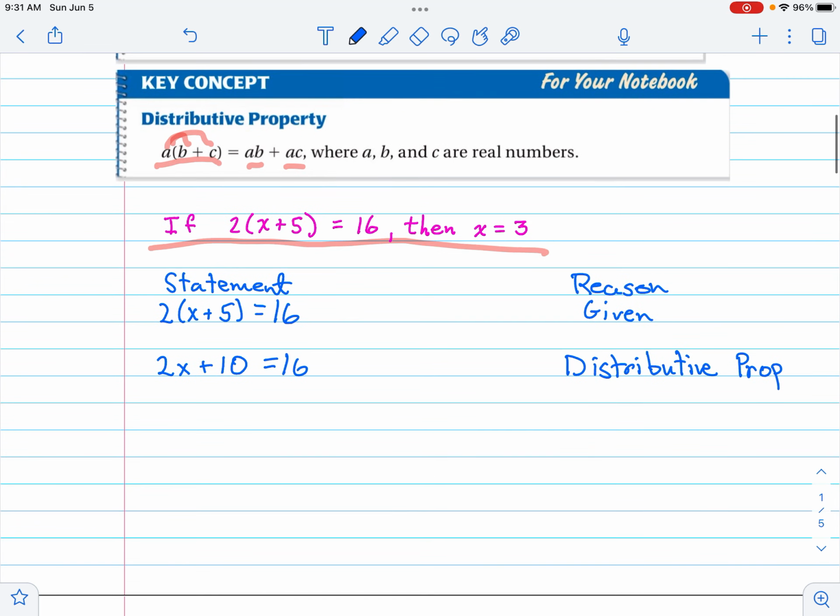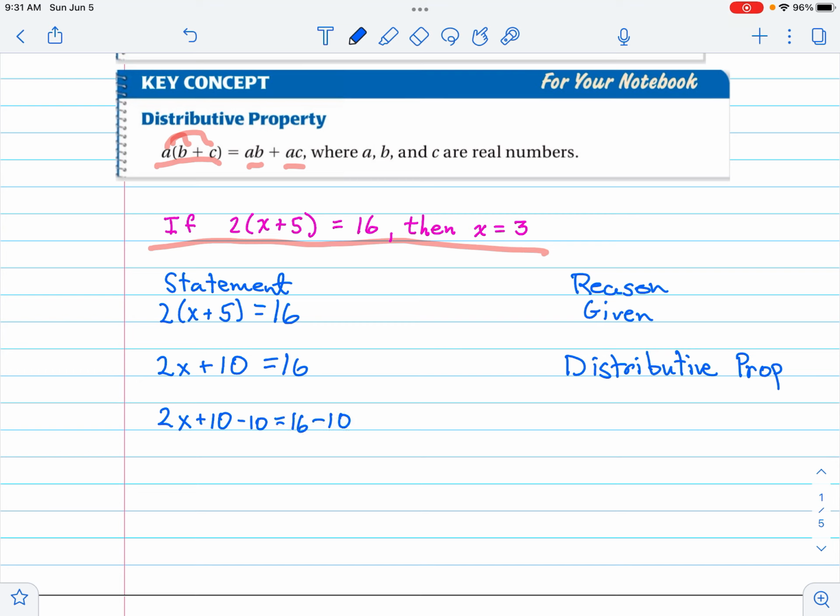The next thing I do is write 2x plus 10 minus 10 equals 16 minus 10.